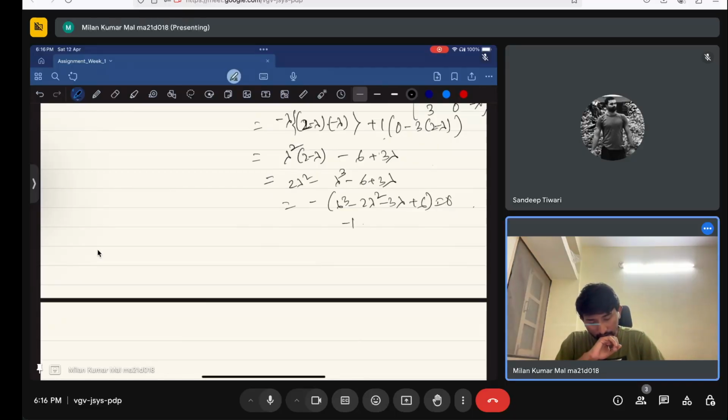It will be minus 1, minus 2, plus 3, plus 6. There is no point. If you replace lambda equals 1, what will you get? 1 minus 2 minus 3. That is also not giving anything.